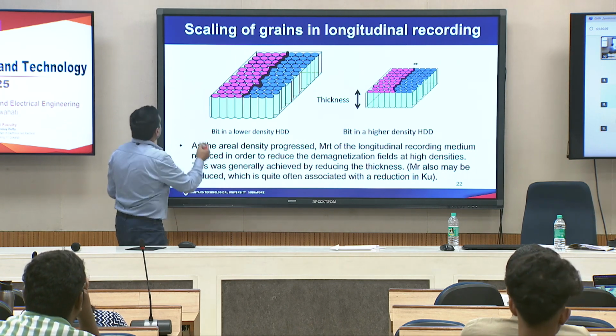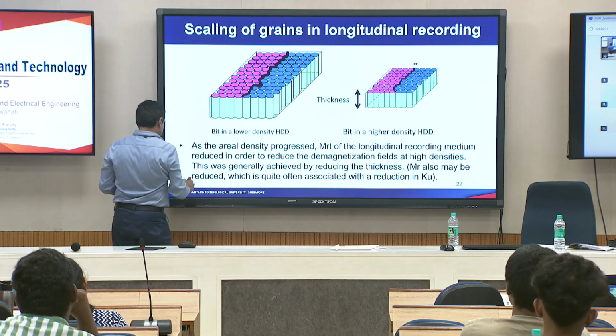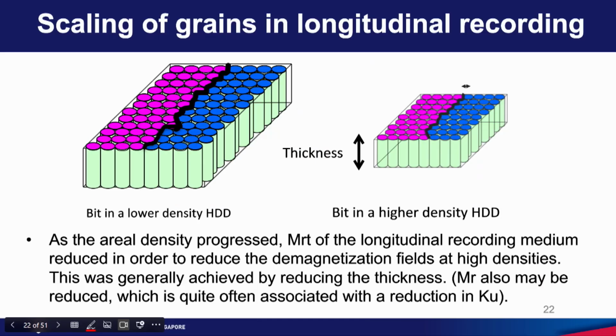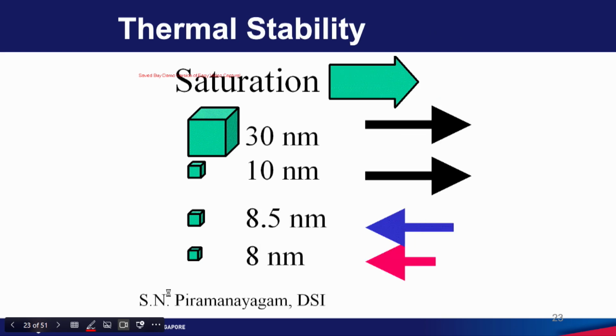We learnt that the energy barrier that keeps the information stable is proportional to KUV. If you keep the KU same, for example, if you use the same material, then the volume has gone down, which means KUV has reduced a lot as we progress in this direction.